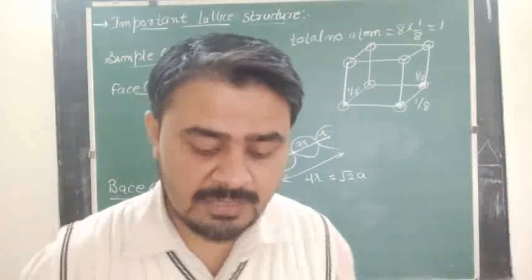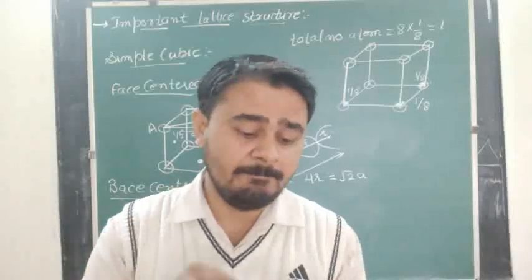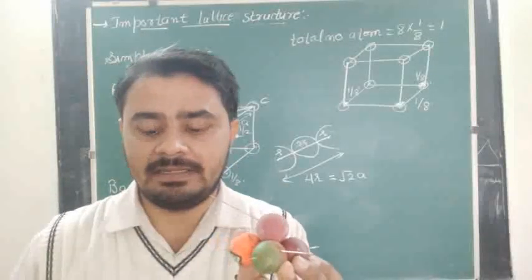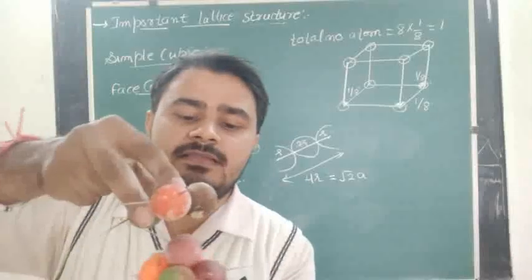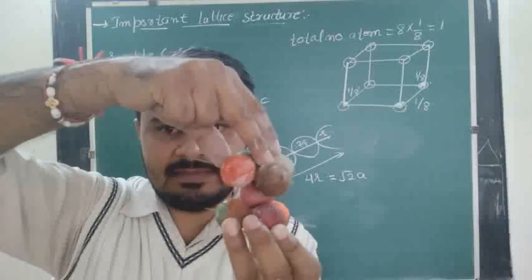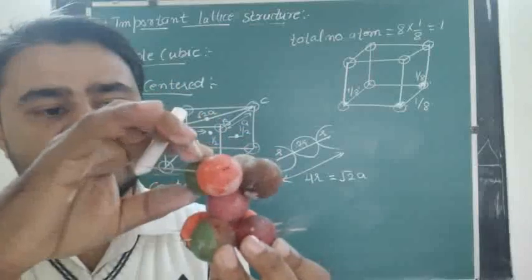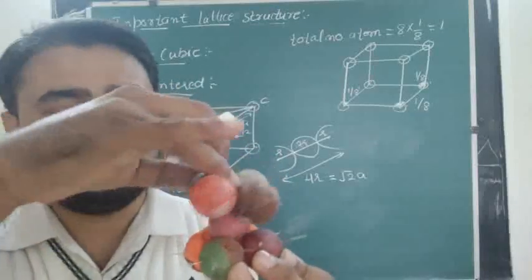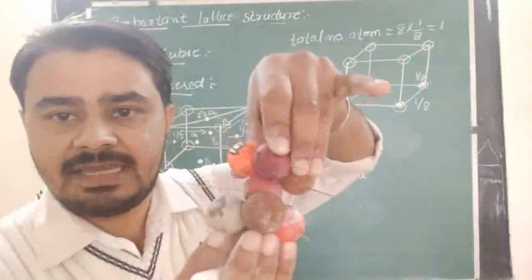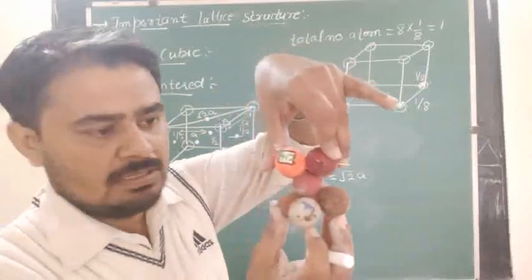In this case, if I assume that the size of each atom is the same, this is a single layer of atoms and there is an atom in the body, and I place another layer of atoms above this body-centered atom, then you can easily see that the corner atoms are not touching each other, but this body-centered atom touches 8 atoms, 4 atoms in the above layer and 4 atoms in the lower layer.